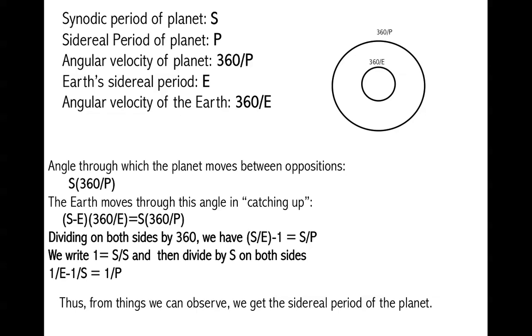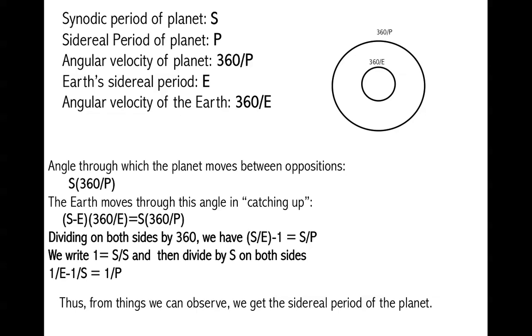So now we can ask ourselves, remember the outer planets are moving more slowly, so the Earth gets back to opposition. The synodic period is some amount of time somewhat longer than the Earth's period. In the case of Mars, it's quite a bit longer, but in the case of the slowly moving outer planets, it's only a little bit longer than a year.